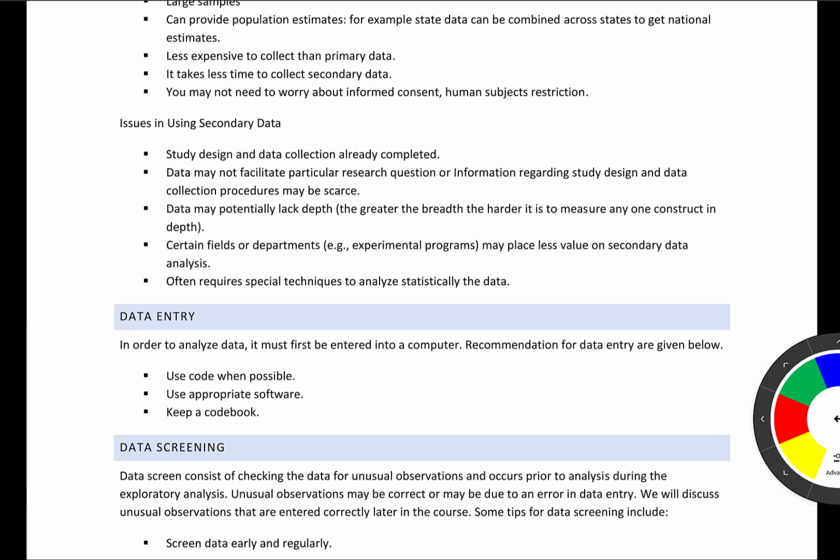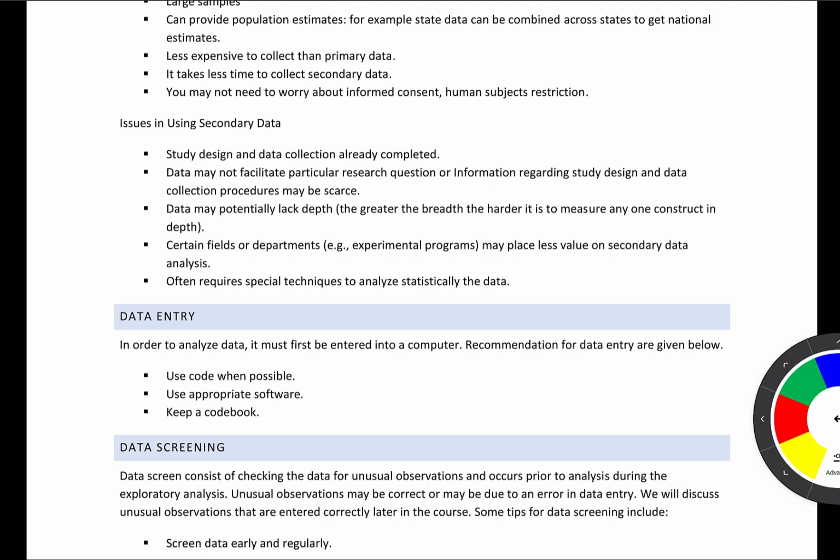The study design and data collection are already completed for secondary data. In other words, this is where you're losing that control and you might lose some of the quality. Data may not facilitate particular research questions, information regarding study design and data collection procedures may be scarce. So in other words, you might have the data, but you might not have the clearest picture of how that data was obtained, and that can be a problem.